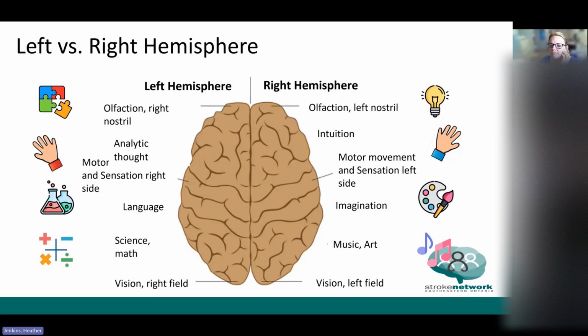But the left side of our brain is often responsible for analytic thought, mathematics, science, and those more concrete tasks. Our right hemisphere is much more specialized in the areas of creativity, imagination, music, and art, those sorts of things that are different, but everything else that we have on both sides tends to come from the other side.